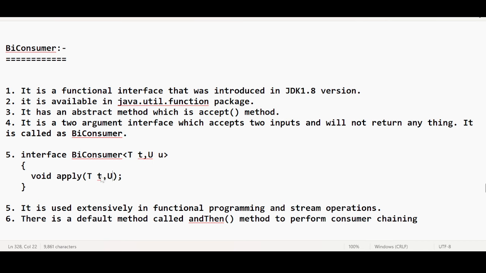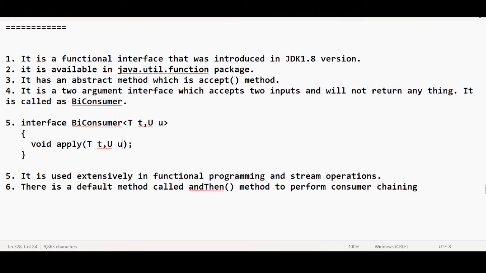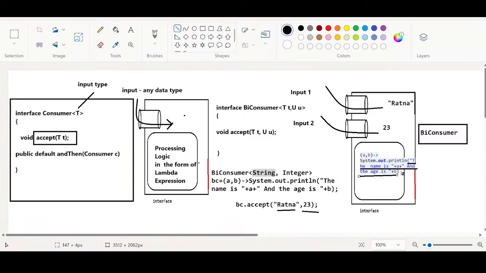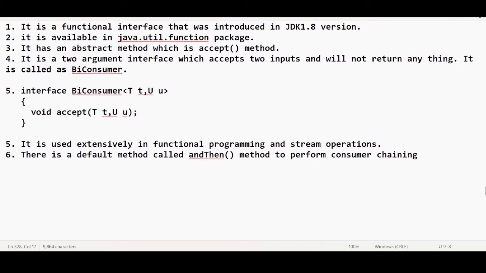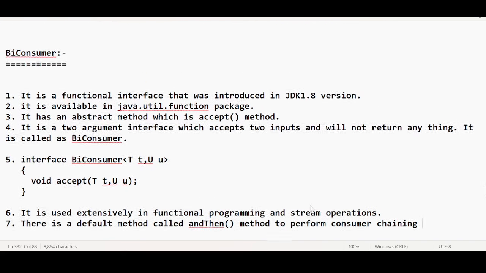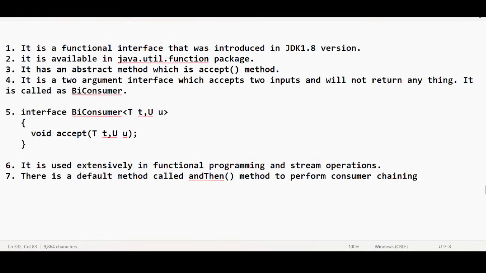What is the name of the method? Accept method, void accept, isn't it? It is used extensively in functional programming and stream operations. That's the sixth point, and there is a seventh point: there is a default method called andThen to perform the consumer chaining. Okay, that's all about BiConsumer.